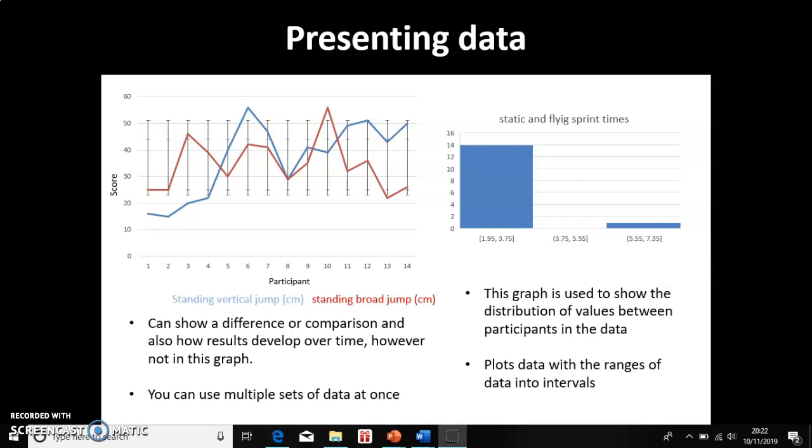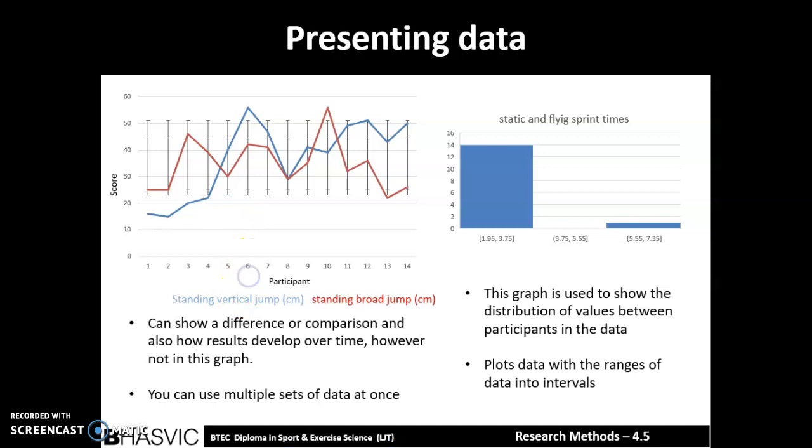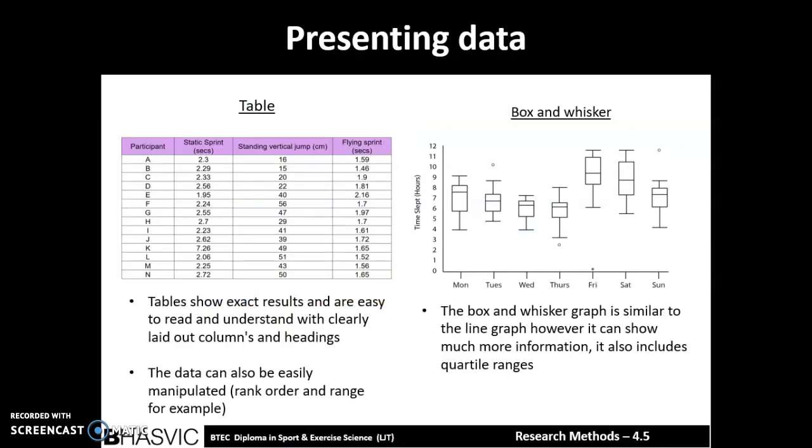So it basically just lumps everyone together in one block. It doesn't allocate individual scores to each person, or tell you why there was an anomaly like the last person, or why there were no people between 3.75 and 5.55. So moving on, we move on to the table and box and whisker.